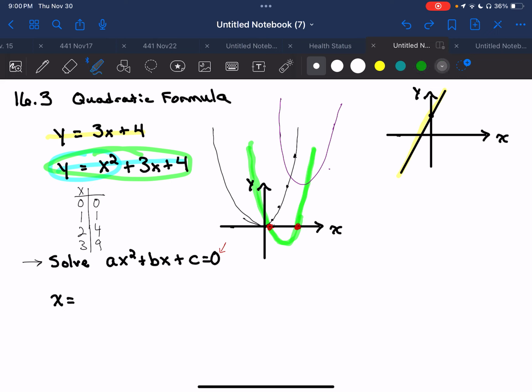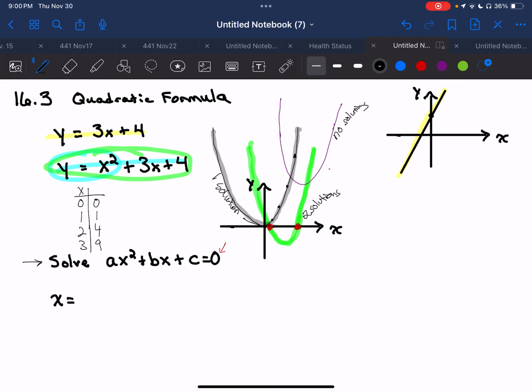So this first parabola just touched down once. So this gives us three possible options. We had no solutions. We have two solutions. And we have one solution.